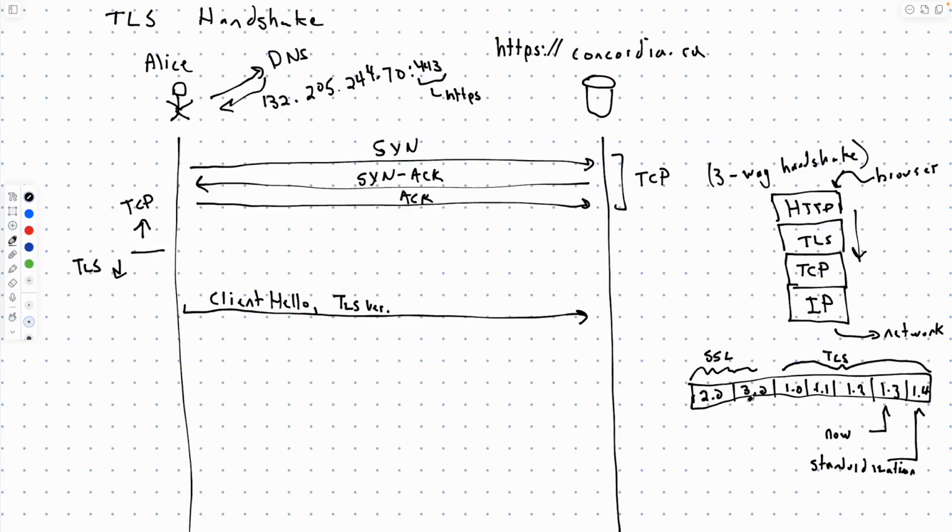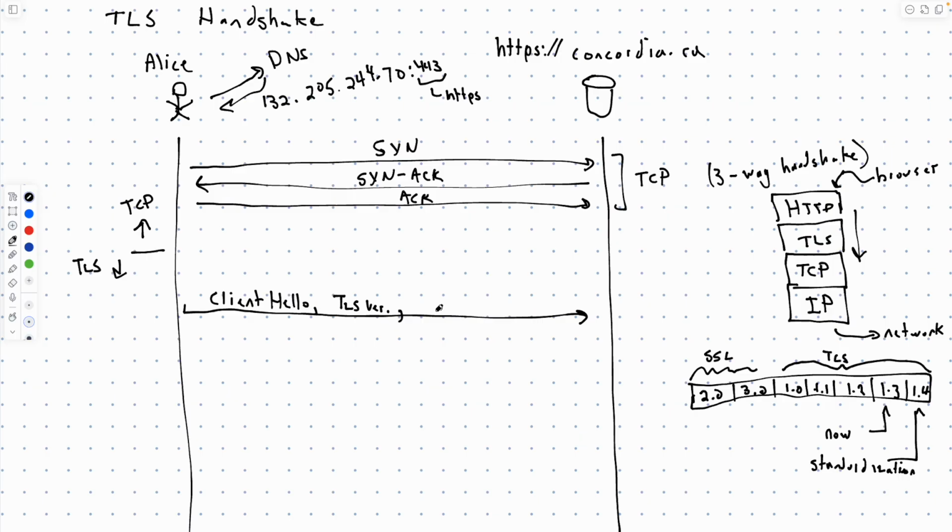Now, some of these are insecure. Once you go back to 2.0, 3.0, 1.0 even, there's major problems with them. So sometimes browsers don't want to support them, and servers similarly might not. I'll show you some concrete examples. There's a tool for seeing what different servers support. But okay, so we'll send the TLS version.